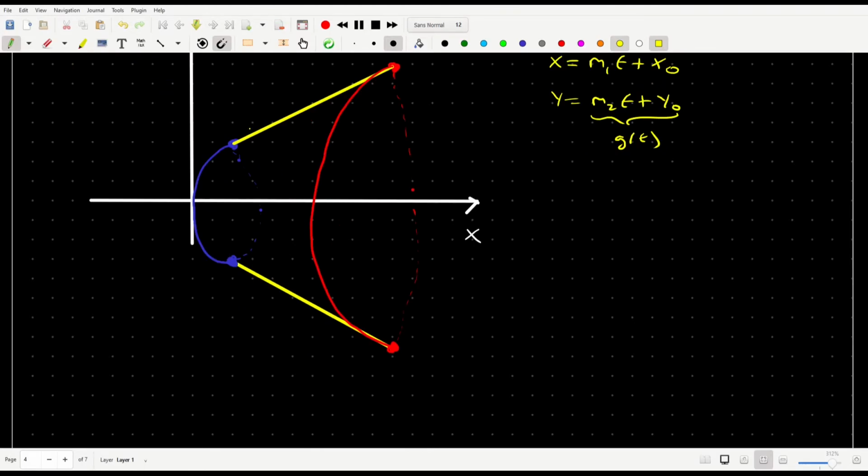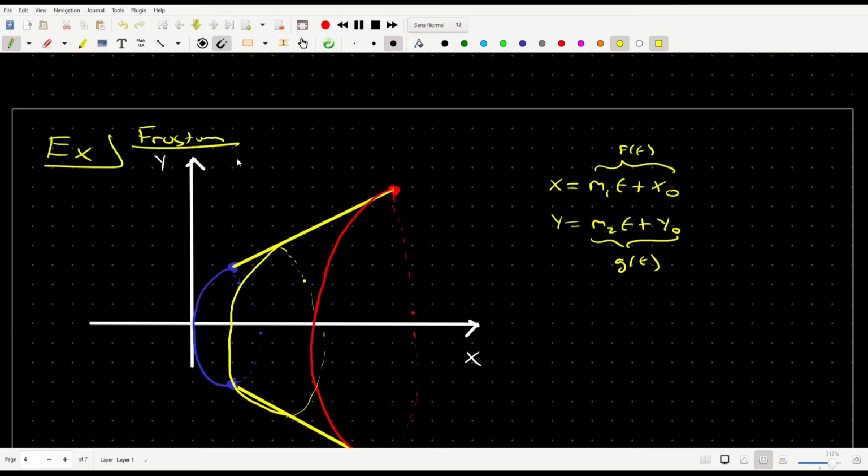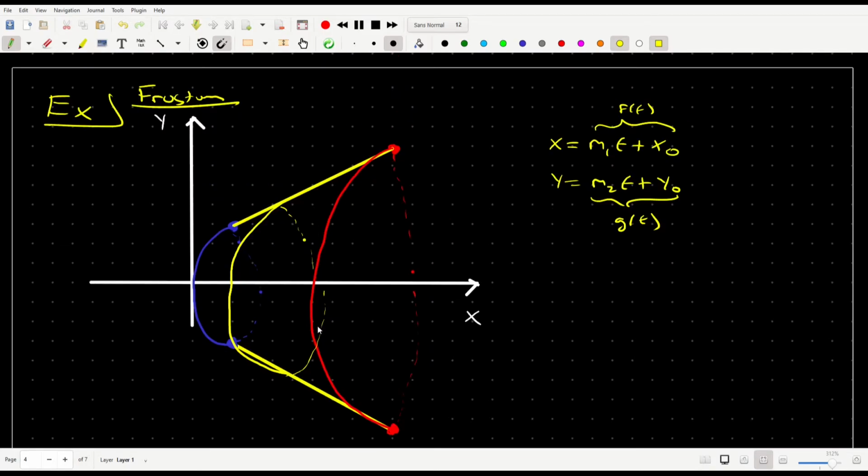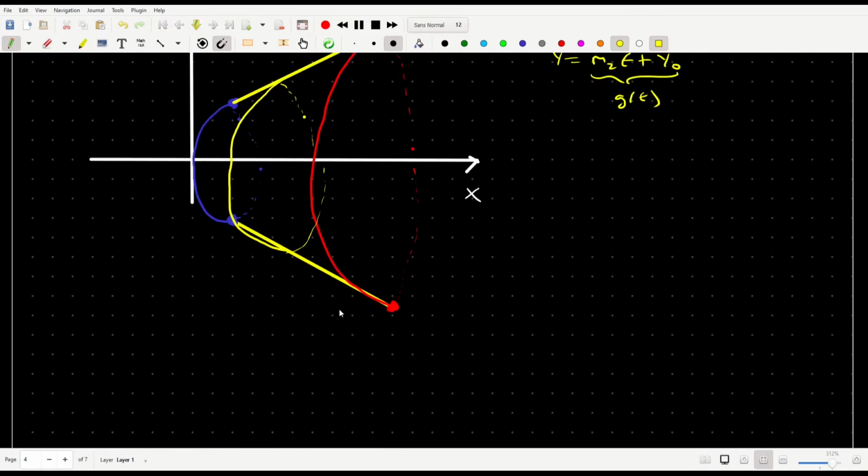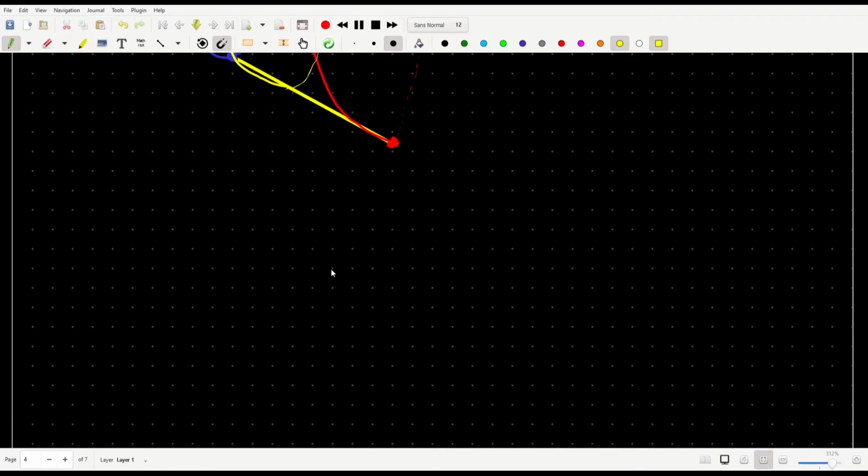But what we want to do is see if the surface area formula that we get is giving us the correct surface area of this frustum, geometrically speaking, what we would expect. And as you can expect, it definitely is giving us the correct result. It's relatively straightforward to show.